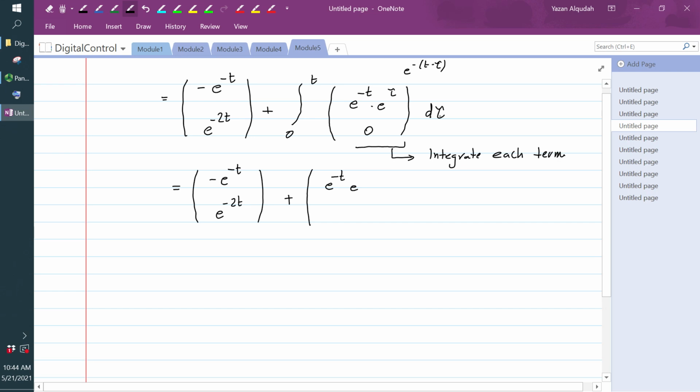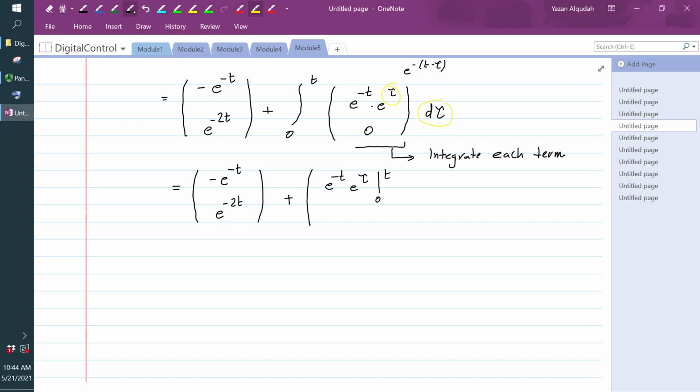So e to tau d tau. If I integrate e to tau, it's just going to give me e to tau, and that is the limit of the integration from 0 to t. Does that make sense? Remember, when we're doing the convolution, we're doing d tau. So we're integrating over tau.